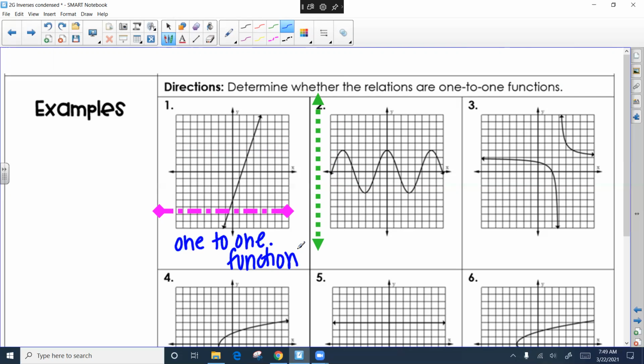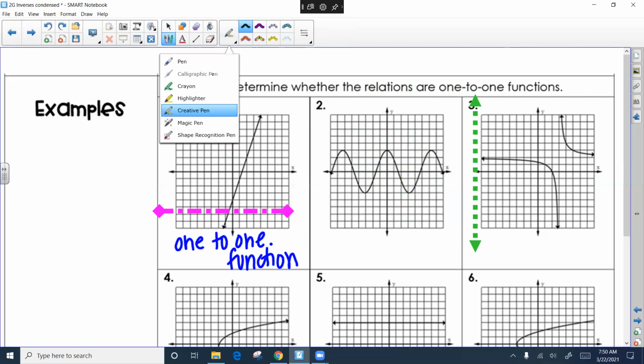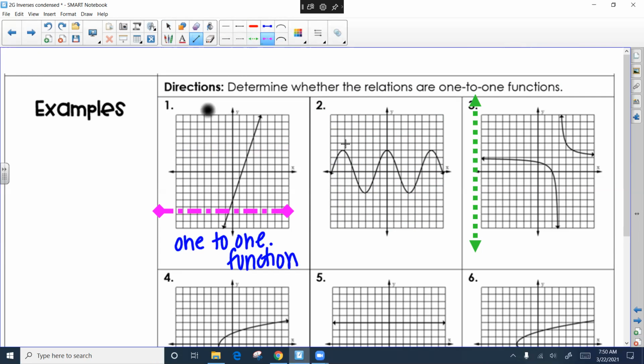All right, so number two, first question we want to ask ourselves: is it a function? To see if this is a function, we would use the vertical line test. So this one is a function, but now we want to know, is it one-to-one? If I put a horizontal line through this graph, notice it's crossing the graph multiple times.